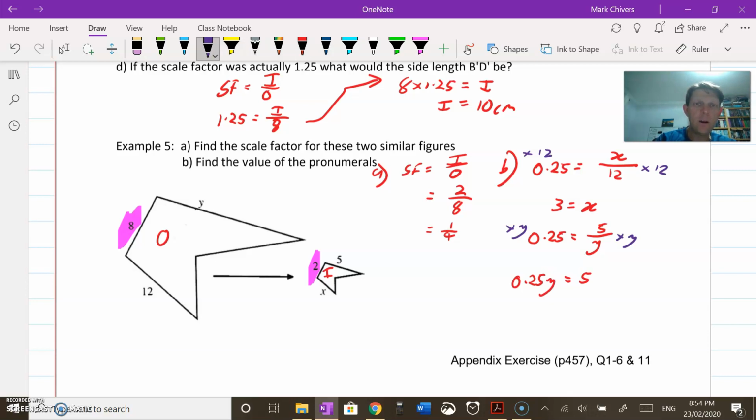And then if I divide both sides by 0.25, now you might be able to have seen this from the start and do a quick switch around. But if you can't see that, that's fine. So 5 divided by 0.25. Oh, I pressed the wrong thing. Very old calculator here at home. I don't have my trusty work calculator. So that's going to give me a distance of 20.